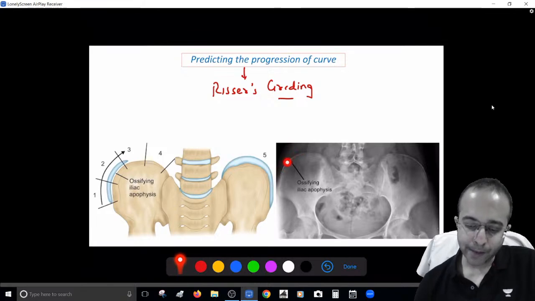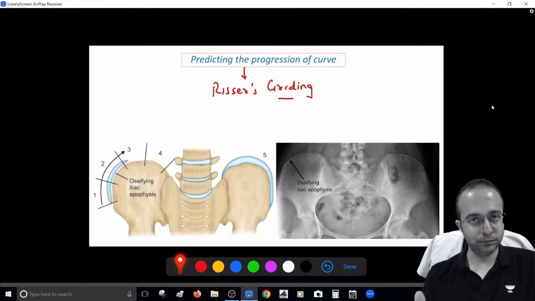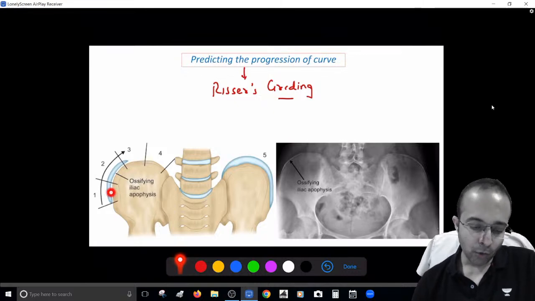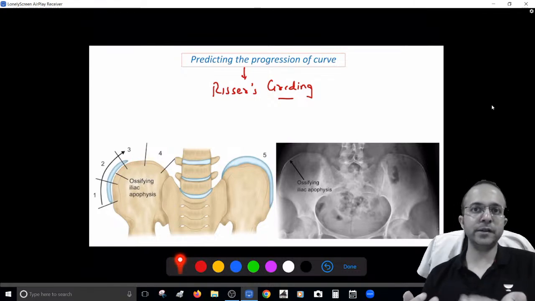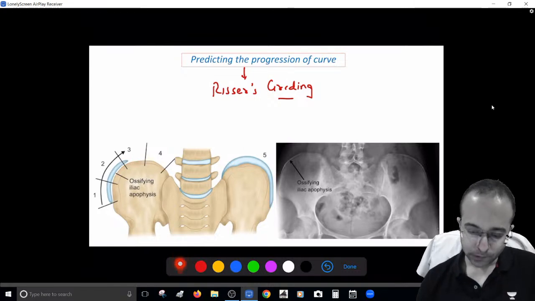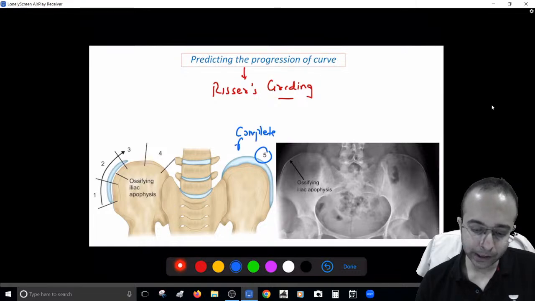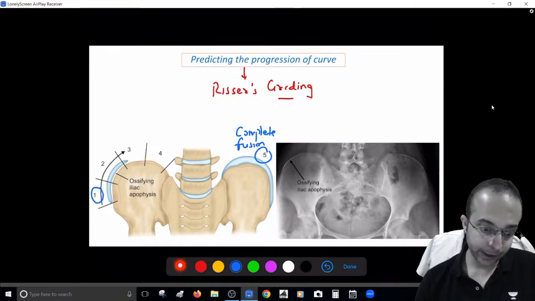This is the iliac apophysis, which fuses with the ilium as you grow. How much of the iliac apophysis has fused with the ilium tells you the Risser's grade. Grade 5 is complete fusion of the iliac apophysis. Grade 1 is minimal fusion.